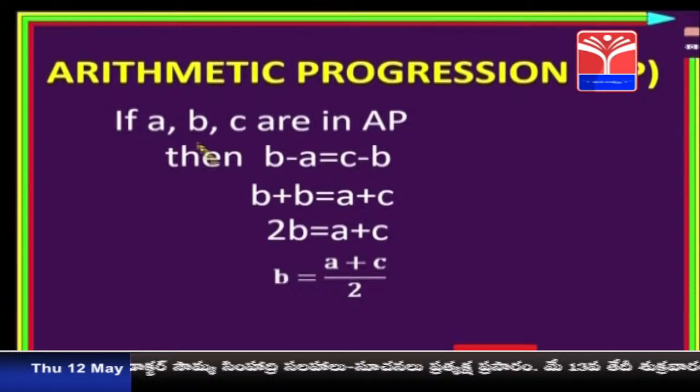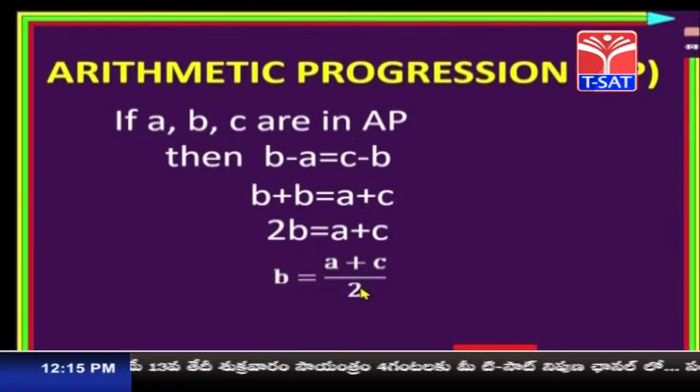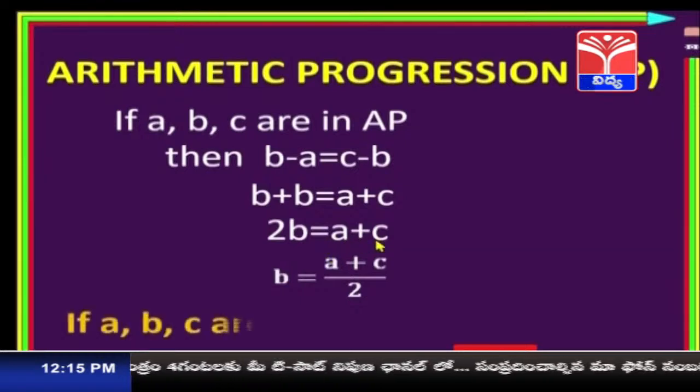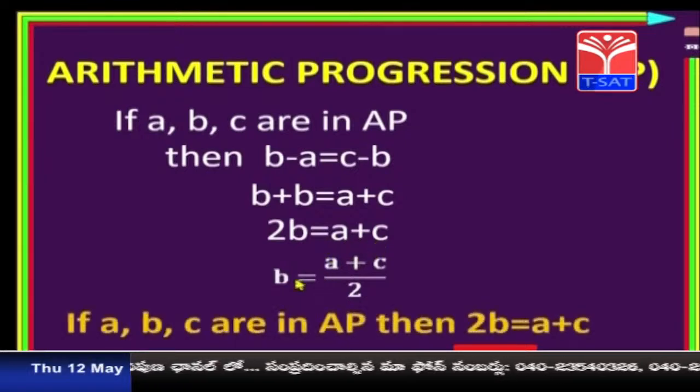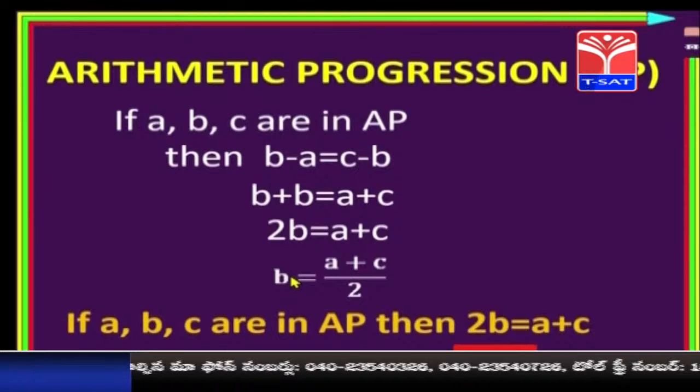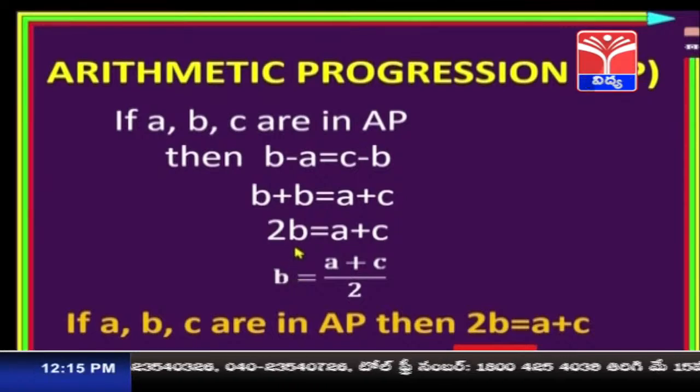So if A, B, C are in AP, then B is equal to (A plus C) by 2, or 2B is equal to A plus C. This is an important relation.